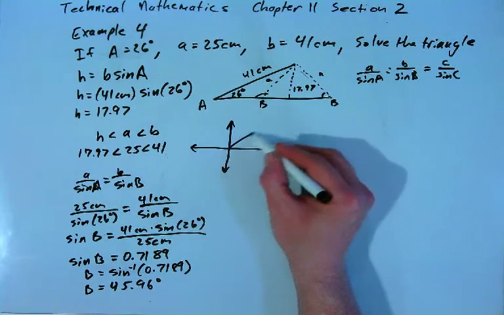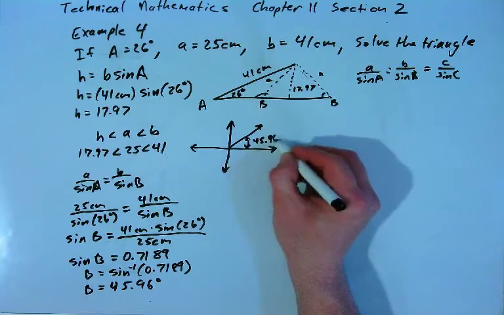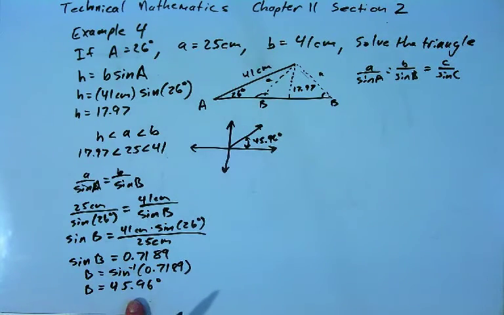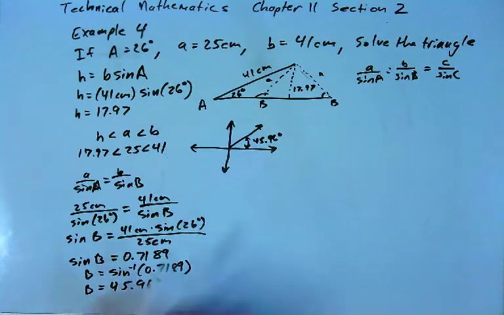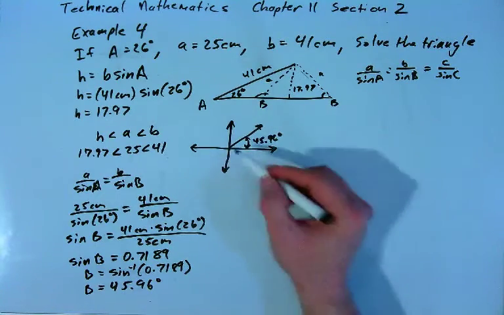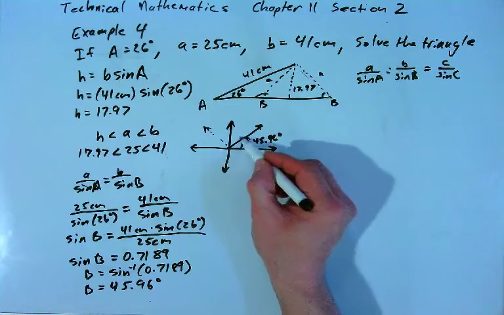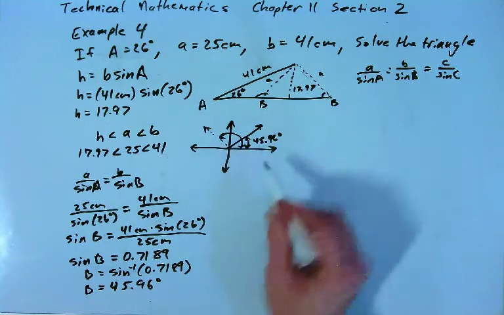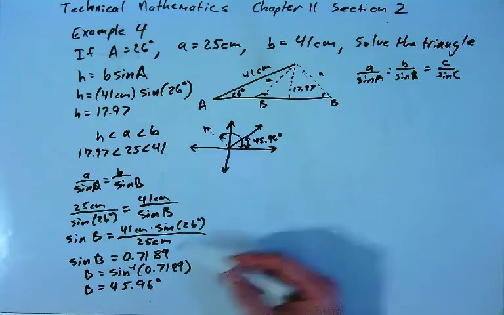And so if we look at this angle in the coordinate plane, we have an angle that is 45.96 degrees. But remember, anytime we use the inverse trig functions, our calculator gives us one answer, but there are actually two answers. Sine of any angle between 0 and 180 is going to be a positive number. And so there's another angle over here from standard position that if we take the sine of this angle, we also get 0.7189.